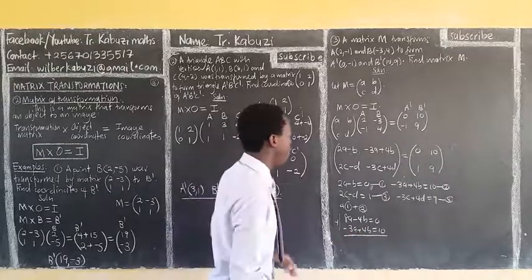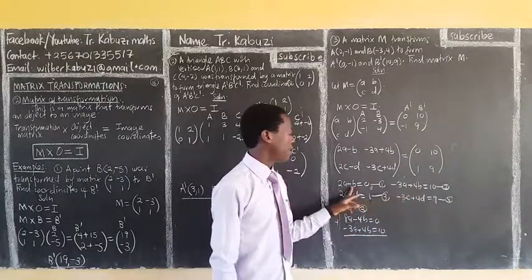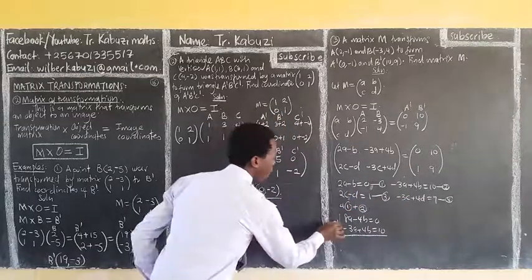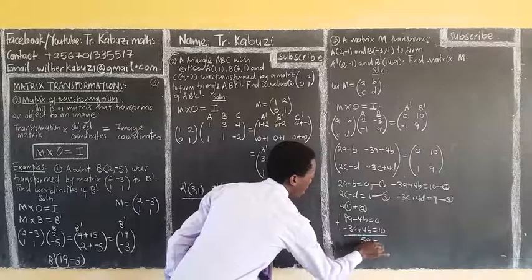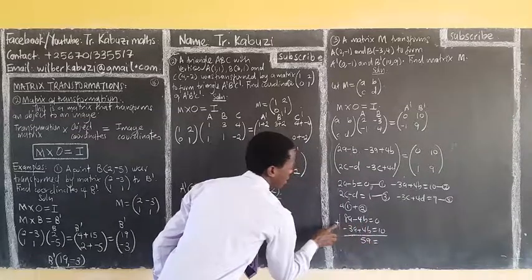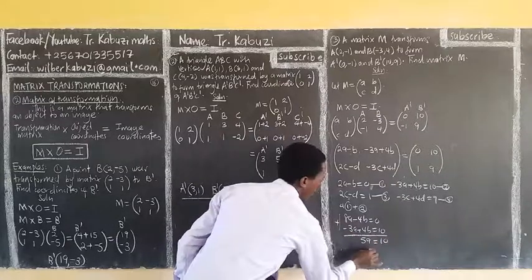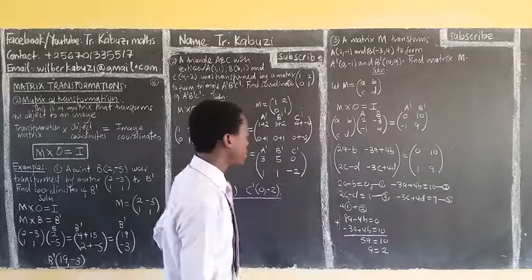Why am I multiplying by 4? Because I'm seeing the coefficient of B here is 4. I need a 4 here, because I can easily eliminate B. So if I add, these ones are going to give me 5A, and these ones are going to vanish: negative 4B plus 4B is going to be 0. And so if you divide, your A is going to be 2.